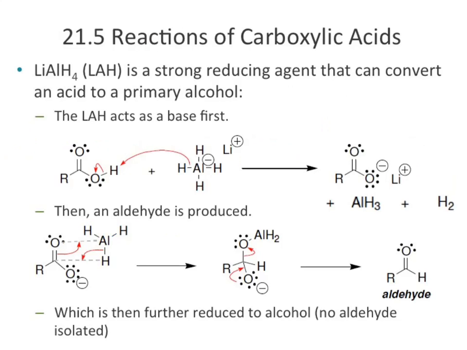What's the most positive thing in our carboxylic acid? We have the hydrogen, or acidic hydrogen, on the carboxylic acid. Our lithium aluminum hydride will react with that first. So the very first step of our reaction is actually an acid-base step. Okay? So we would deprotonate our carboxylic acid first.